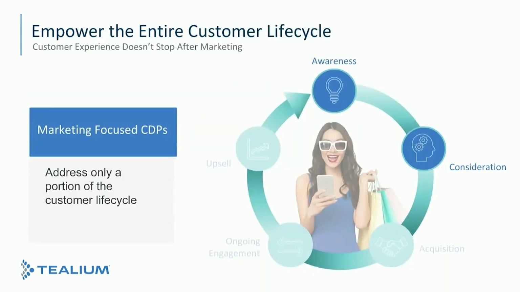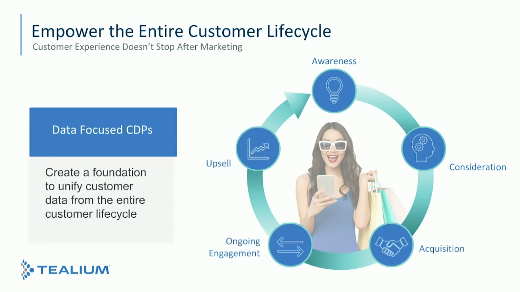So once we've decided as an organisation what data we're going to include in this data set, one of the things we need to consider as part of that decision-making process is that if I only include the customer data and the anonymous data, I can do good communications when it comes to the awareness and the consideration phase. But as I've already mentioned, one of the things I want is to be able to have a consistent conversation past that phase, into acquisition, onto ongoing engagement and further upsell and cross-sell.